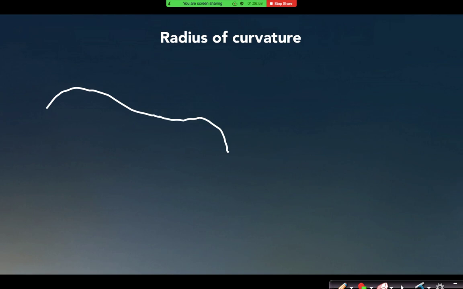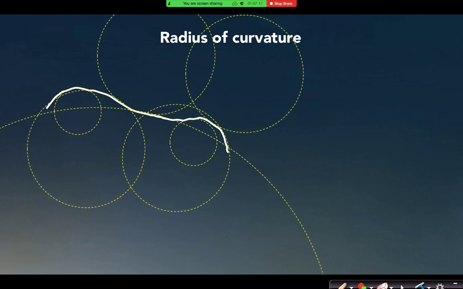All the small segments on that curved path that I have drawn here on the screen are nothing but a small part of a circle, right? I have drawn different circles here to make it clear. Let us assume that this is a small part on the curved path.